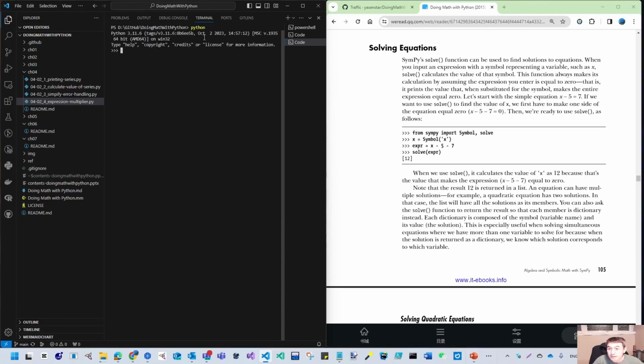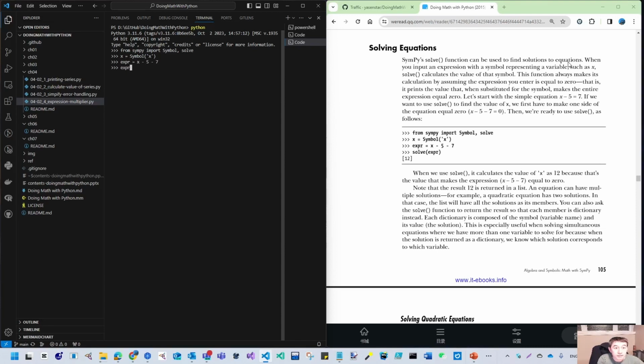and start to practice. The solve function is used to find a solution for an equation, so now the expression is the equation. From sympy we import Symbol and also solve. Then x is the symbol x, and we define our expression equal to x minus 5 minus 7.